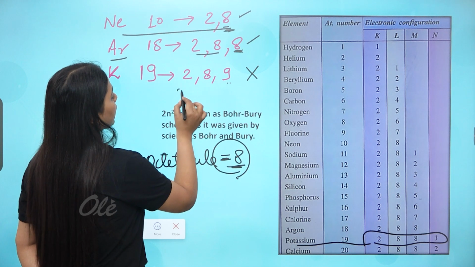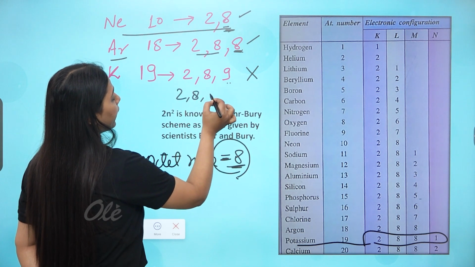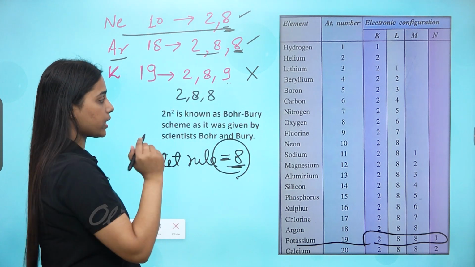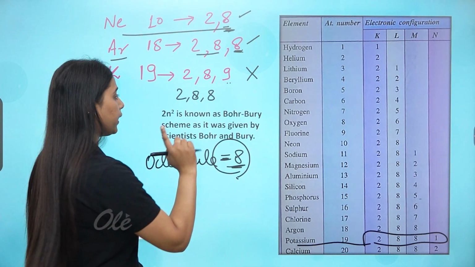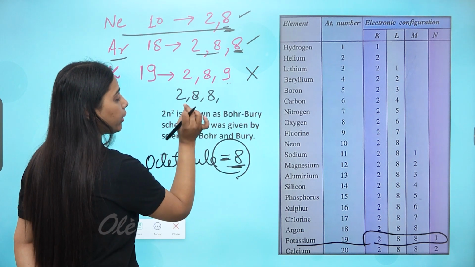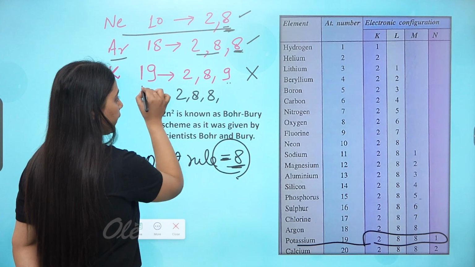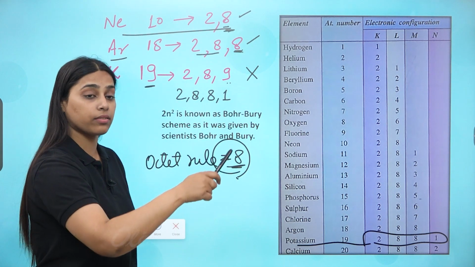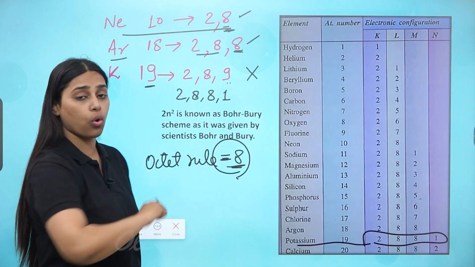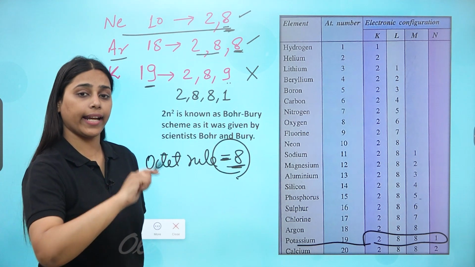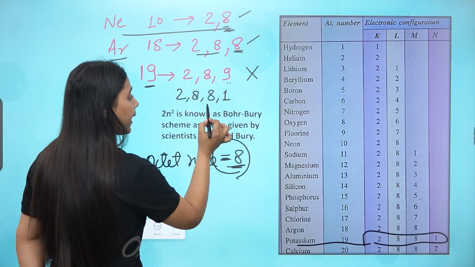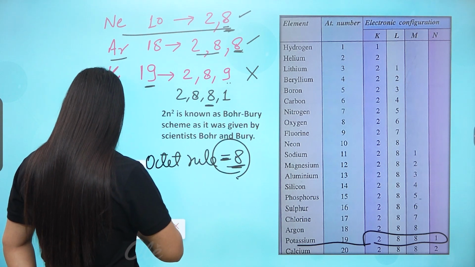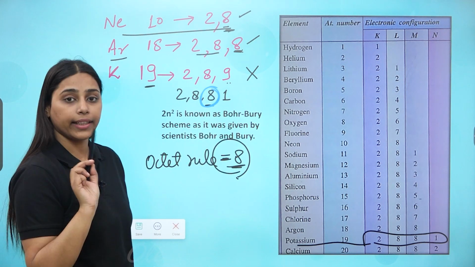So that is why potassium is written in this manner: the second last shell has 8. Now we are left with only 1 electron to complete 19. So move that last electron to the fourth shell. It will become 2, 8, 8, 1.